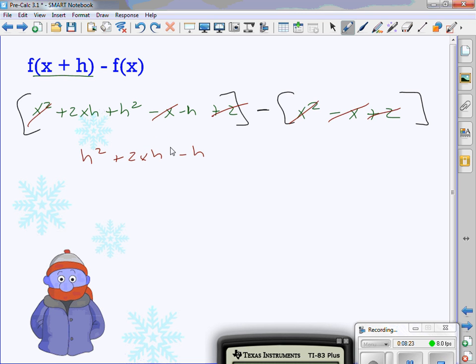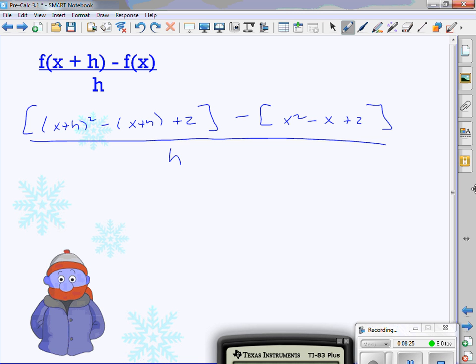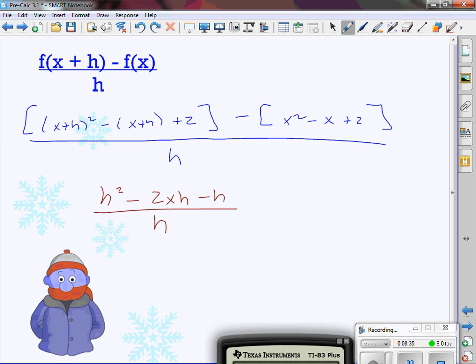We subtracted. So the only thing we're really left with on top is x squared minus 2xh minus h, all over h. Why would the h's cancel out?